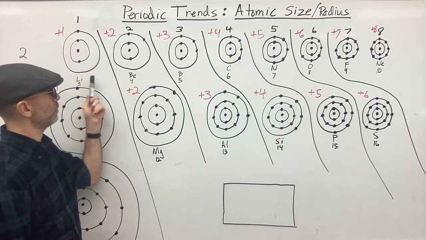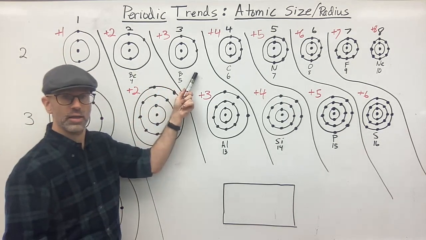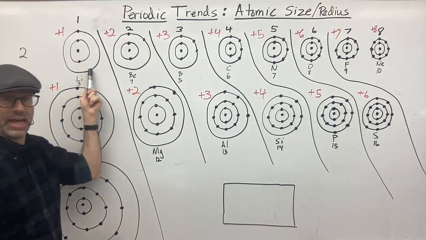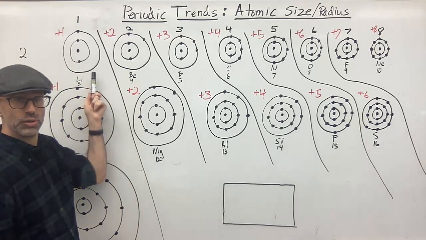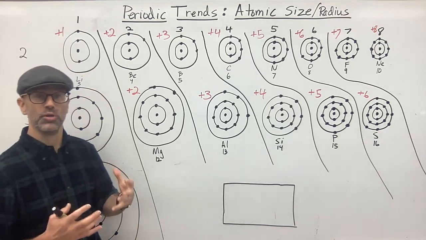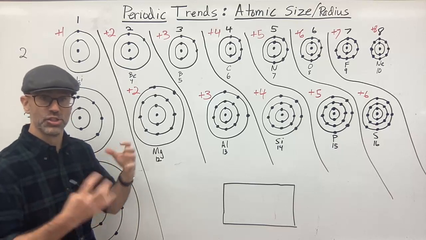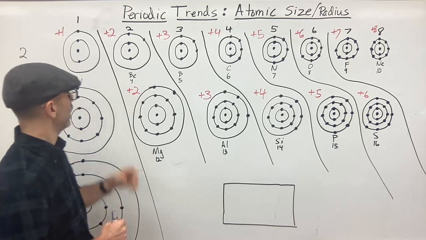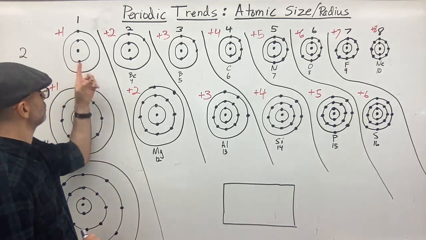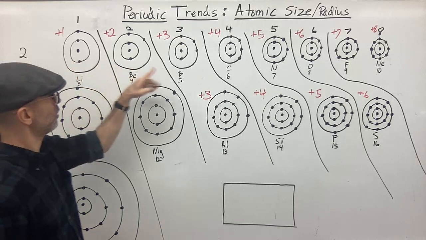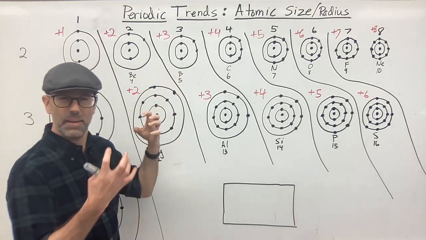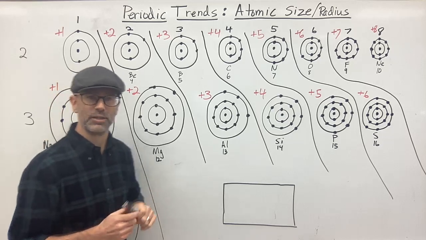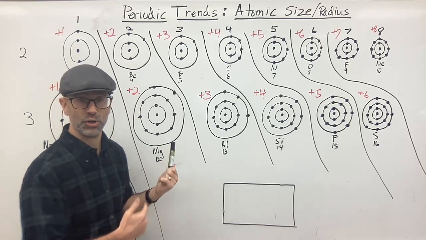Every single time we go over one atom in the table, we're adding a proton to the nucleus. And according to Coulomb's law, remember, the larger the charge is, the stronger the attractive force that is going to be there. So as you go across, the amount of attractive force is increasing in the nucleus, and we can see that in the effective nuclear charge that we calculated in an earlier video.